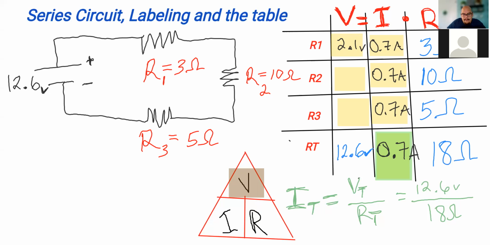Volts. We always label. Next one: 0.7 times 10 is 7. So it's 7 here. And lastly, 0.7 times 5, which is 3.5.